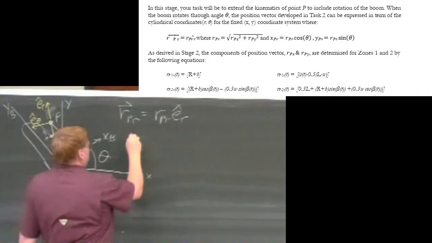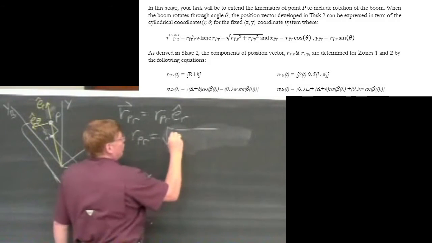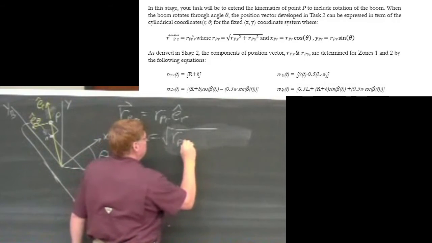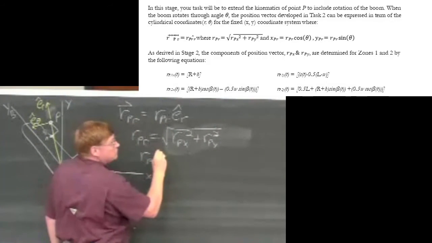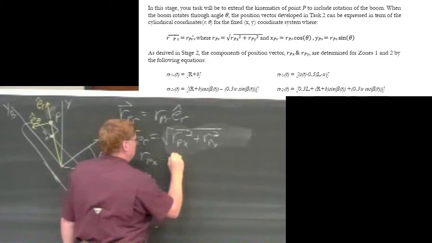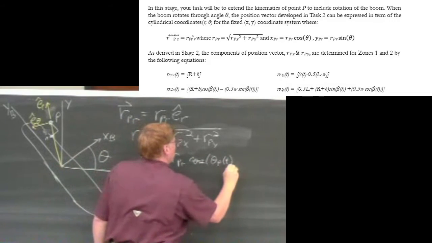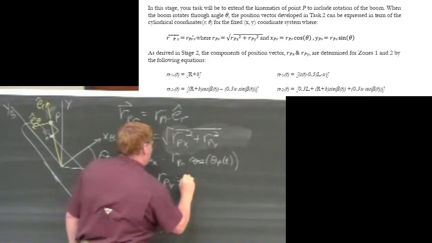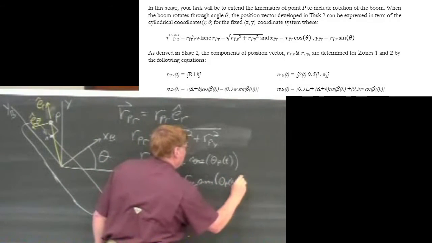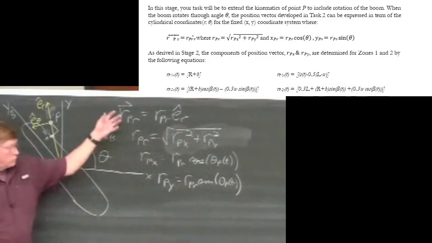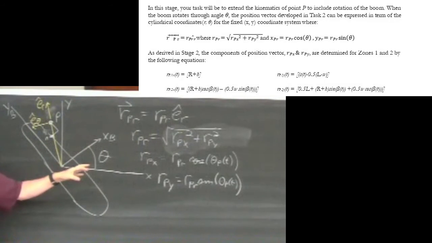I know this relationship here: the magnitude, the length, the distance you are from the origin can be figured out by your two components in the X and Y. So you have these relationships that determine your position for the pivot pin with the rotating boom. Okay?